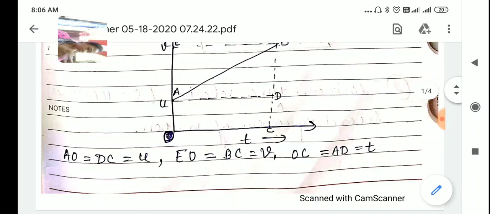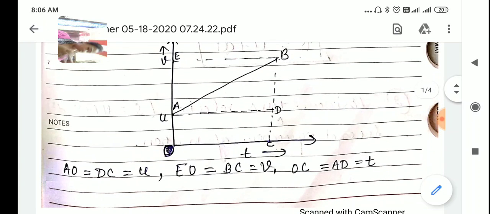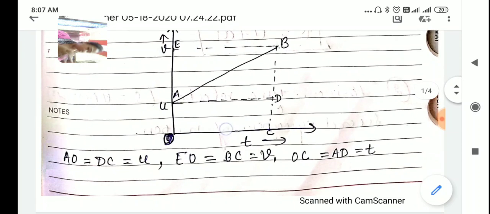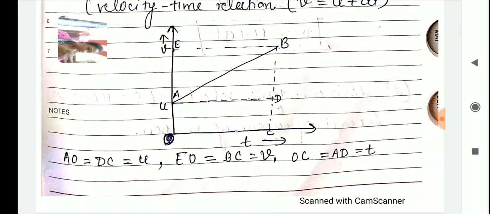Now let us write down the values of these quantities from the graph. AO equals DC. Whatever value we have here, the similar value we have here, so AO equals DC, and that represents the initial velocity of the object. After that, we have the final velocity, that means the complete value from point O to E represents the final velocity, and final velocity is represented by v.